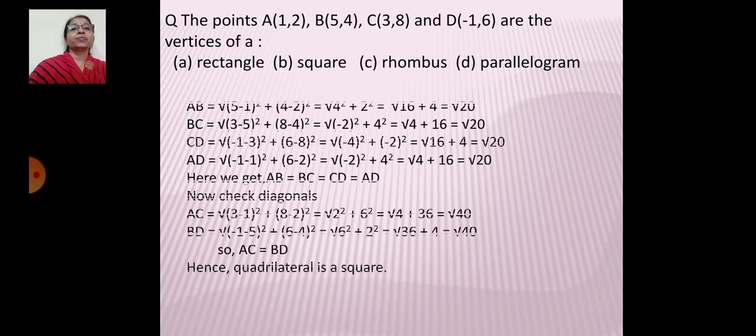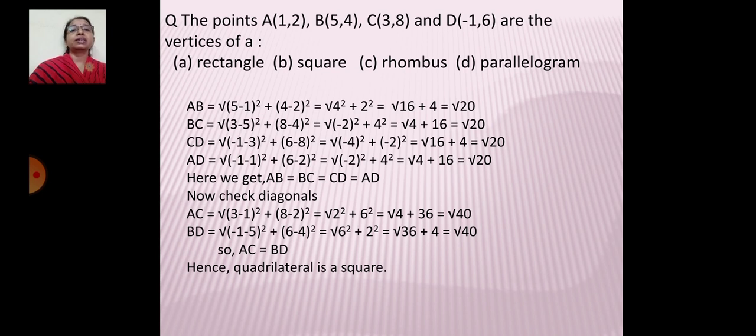So find AB, the distance by distance formula. You find length AB which is equal to root 20 units. BC is also root 20 units. CD is again root 20 units. AD root 20 units. That means AB is equal to BC is equal to CD is equal to AD.